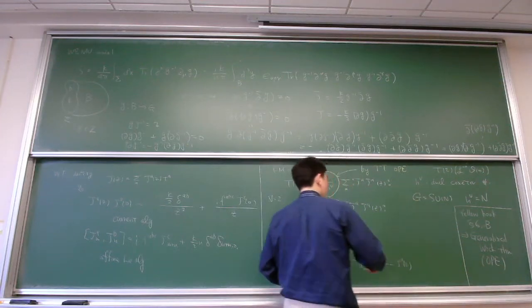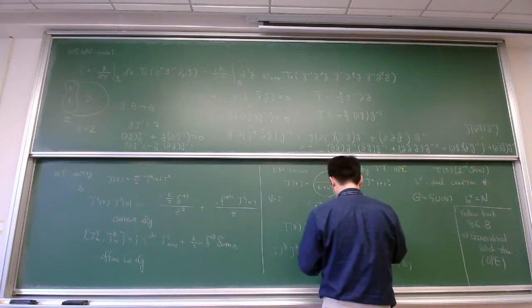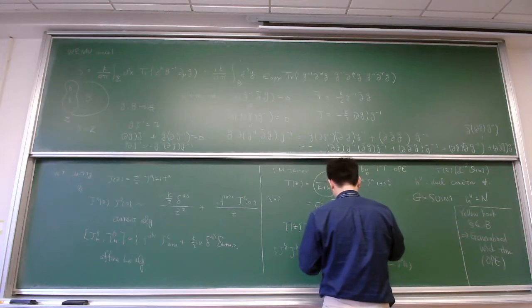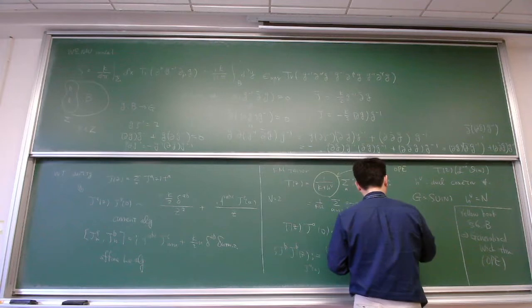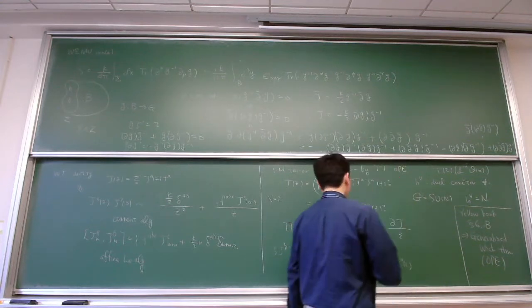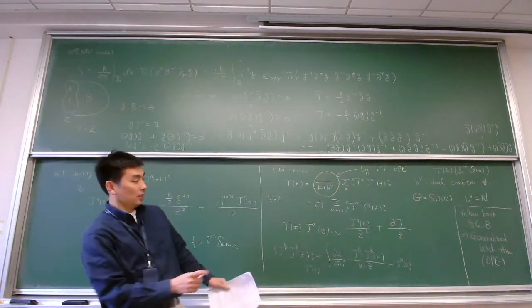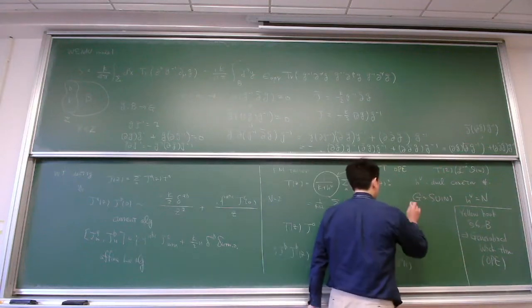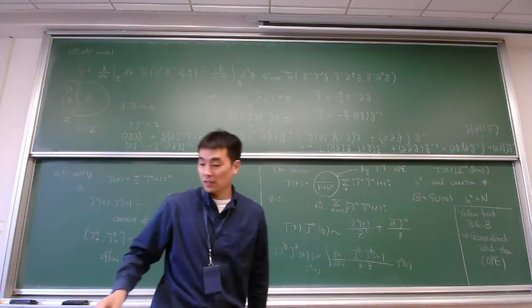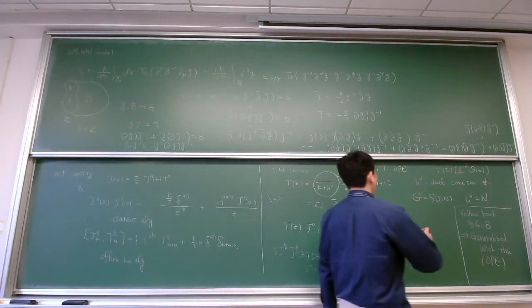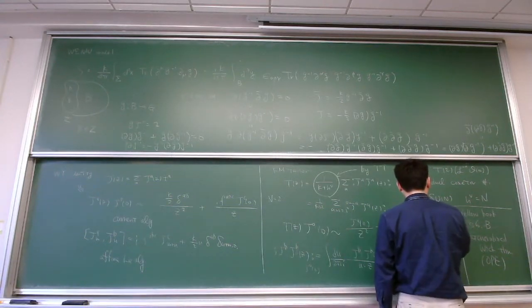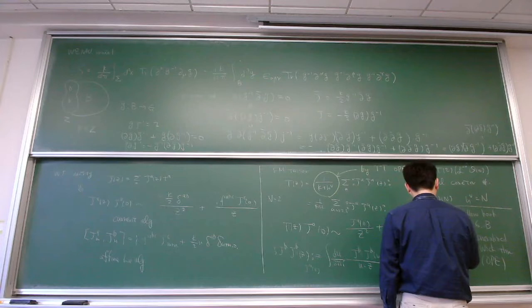If you use this Wick theorem, we can just use it to show that J^A, the current of the WZW model, is primary.